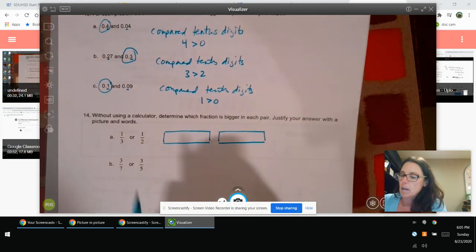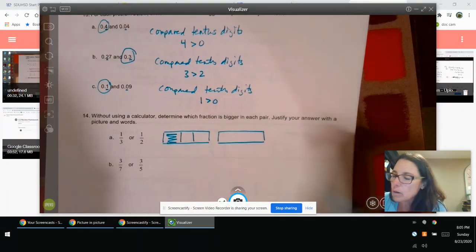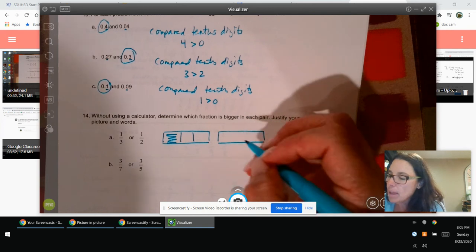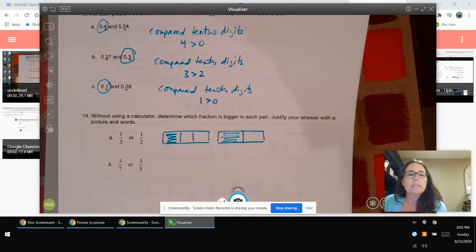Okay. All right, 1 part of 3. Roughly that. 1 part of 2. Roughly that. Okay, you can clearly see 1 part of 2 is larger, a larger amount shaded than 1 part of 3.